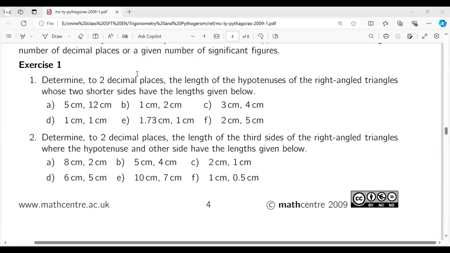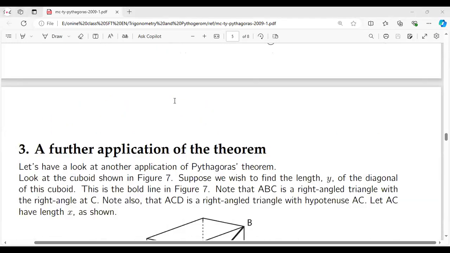So you can again try these questions mentioned in this PDF.